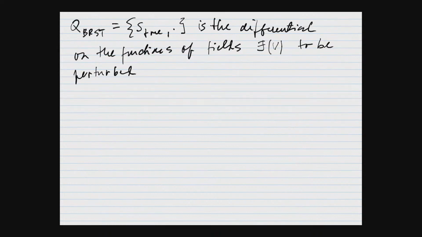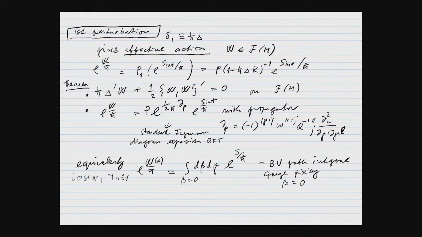So what we are actually going to do now is, we have the free differential, and we are going to perturb the free differential using the homological perturbation lemma and see what happens. So what you can do, you can, for example, start with a perturbation where you just add the Batalin-Vilkovisky delta to your free action, or your free differential, the BRST.